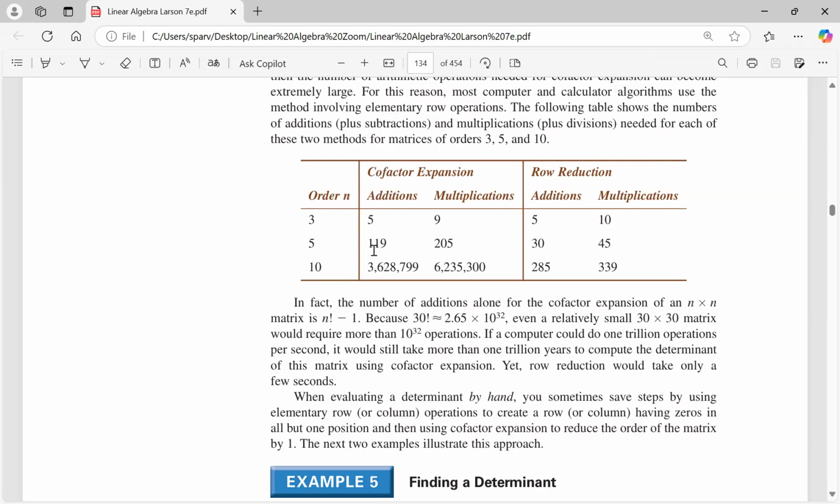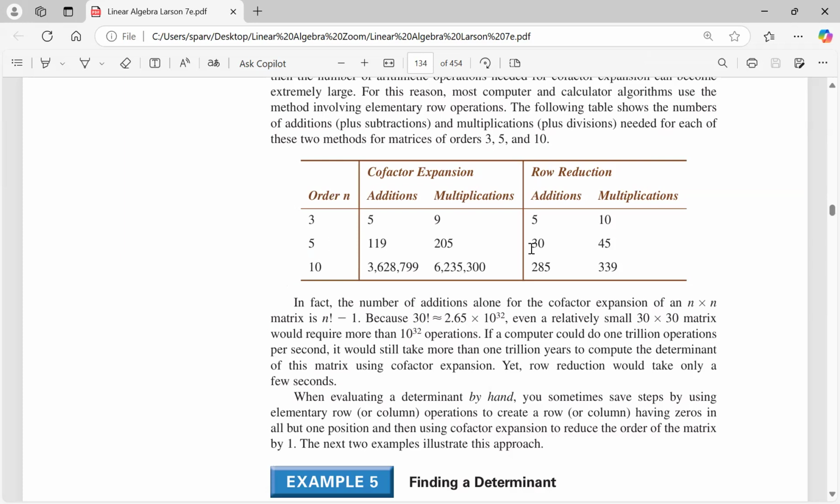Another reason we never do this by hand, folks. And for multiplication, you have to do 205 multiplications. In all, you're doing over 320 operations. That's the cost of doing cofactor expansion.